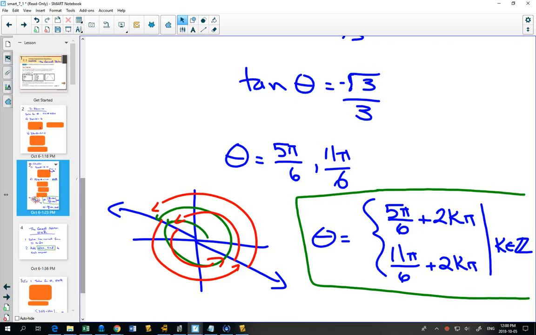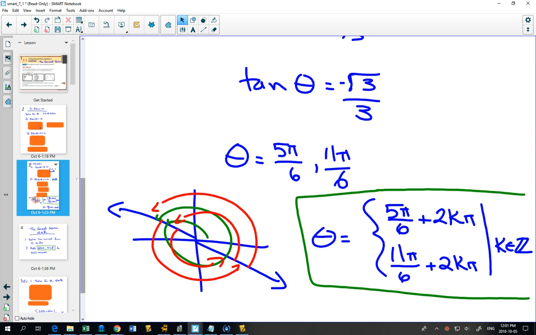And 11 pi over 6 plus 2k pi would be everything coterminal with 11 pi over 6. Does it make sense that if you add 2k pi, where k is an integer, that is coterminal angles? Does it always have to be 2k pi? Well, if it's a coterminal angle, you'll add 2k pi.